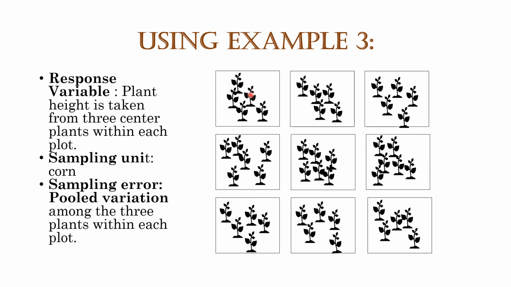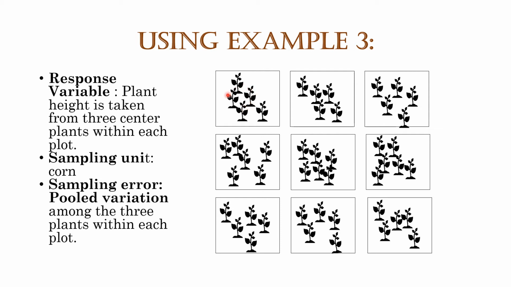The response variable is the plant height. By guidance or by principle, I will take the 3 samples in the center so that whenever there is an error in the side of the experimental unit, these 3 plants will be safe because they are in the center. So the sampling error is the pooled variation among the 3 plants within each plot.